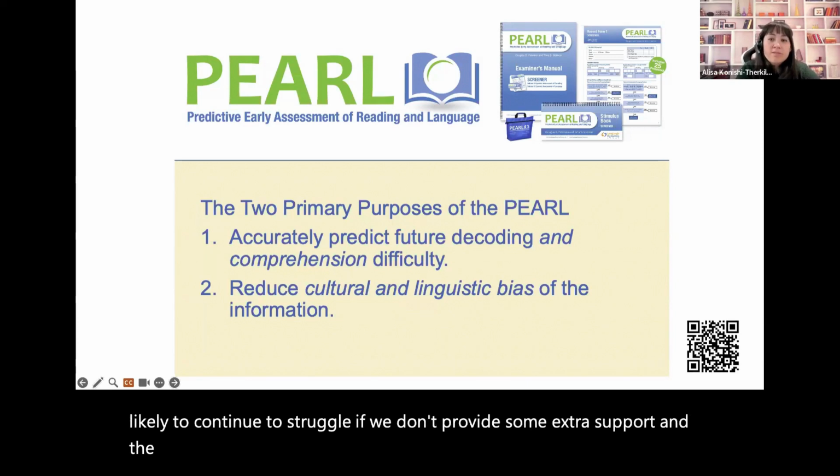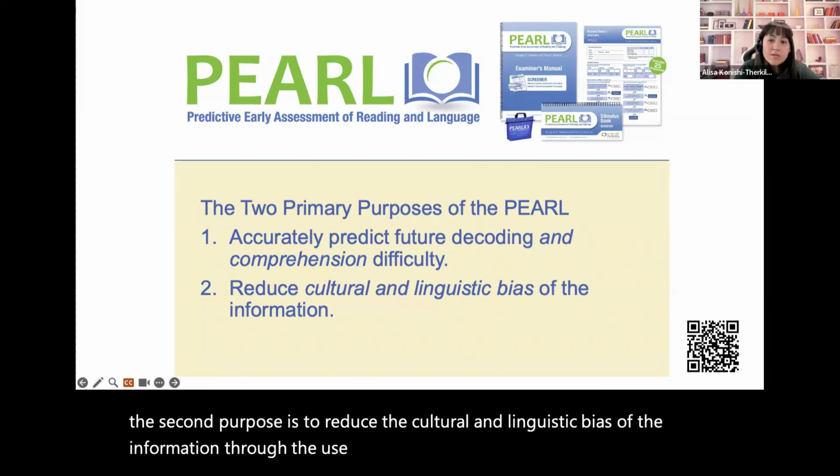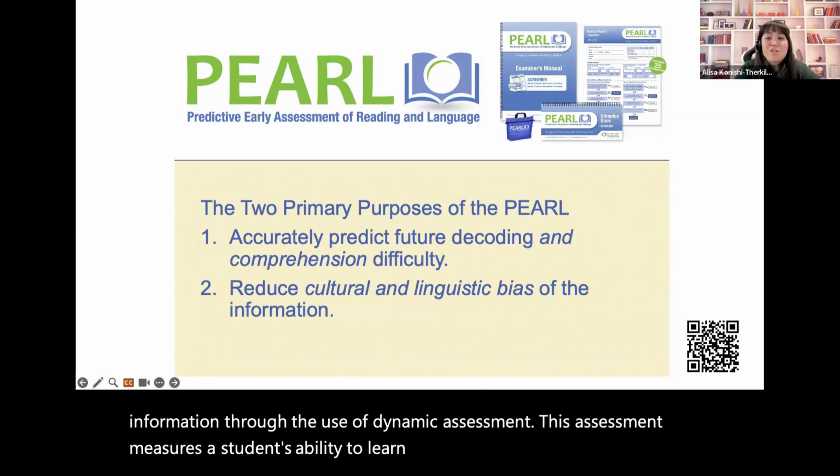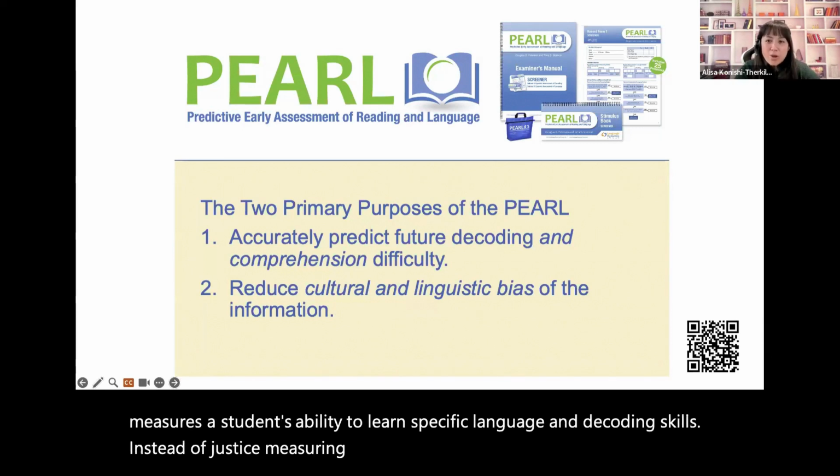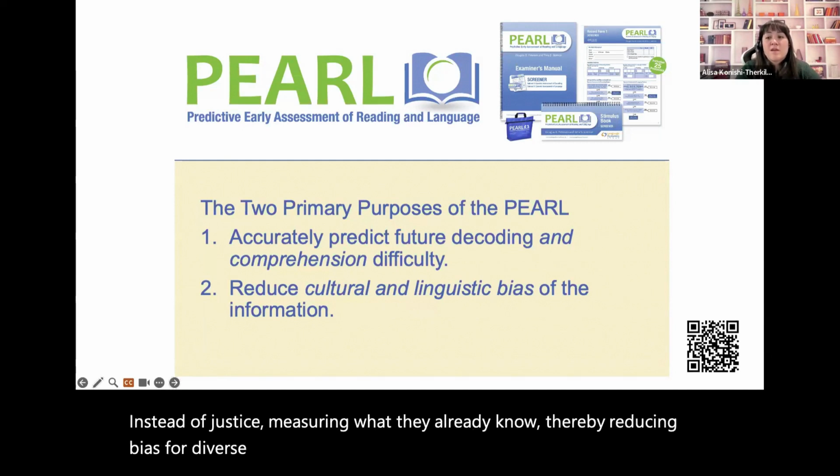And the second purpose is to reduce the cultural and linguistic bias of the information through the use of dynamic assessment. This assessment measures a student's ability to learn specific language and decoding skills instead of just measuring what they already know, thereby reducing bias for diverse students and allowing for earlier identification and intervention.